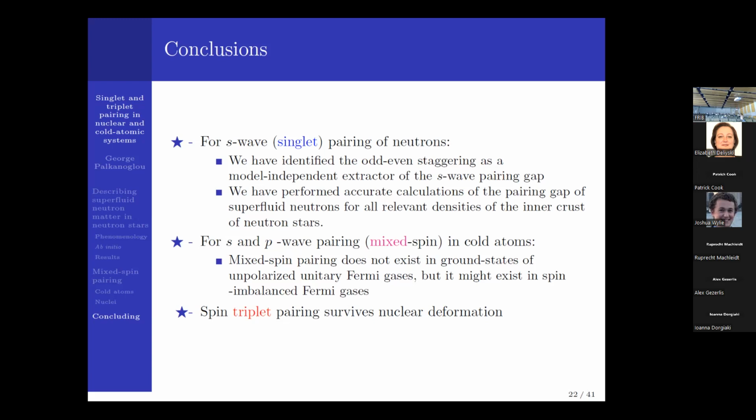For S and P wave pairing, mixed spin pairing, in cold atoms, we demonstrated that mixed spin pairing doesn't seem to exist, at least at the mean field level, in the ground state of polarized Fermi gases, but might exist at finite spin imbalance, also in more exotic settings. And for spin triplet pairing in nuclei, it seems to survive deformation and be slightly favored compared to singlet pairing.